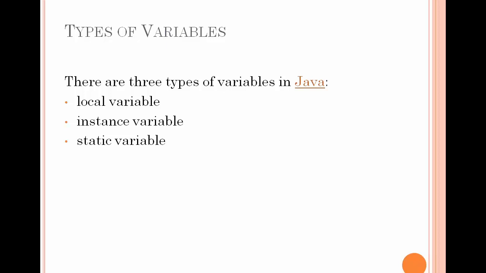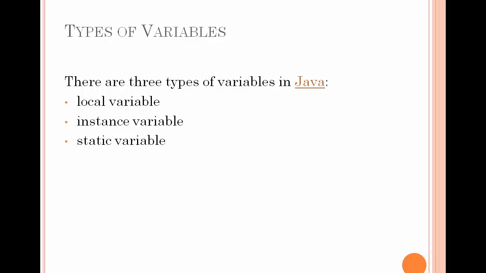Totally there are three types of variables in Java. One is local variable, the next one is instance variable, then static variable. A local variable has to be declared inside the body of a method.